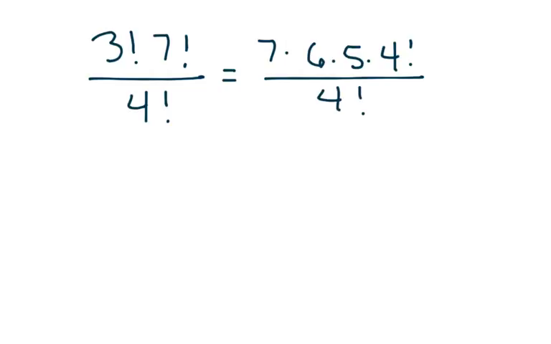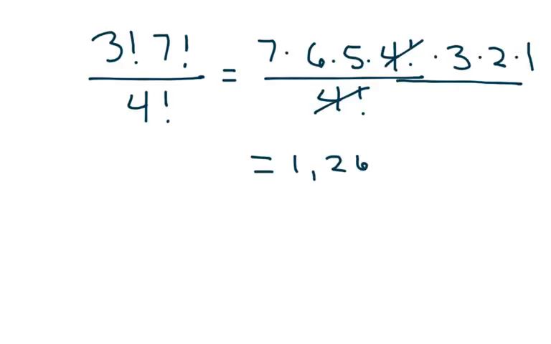Now the 4 factorials cross out. Now I'm going to multiply by 3 factorial, which is 3 times 2 times 1. I usually don't write the 1, but I'm writing it now. And when you multiply that out, you're going to get 1,260. Okay? So that's the factorial.